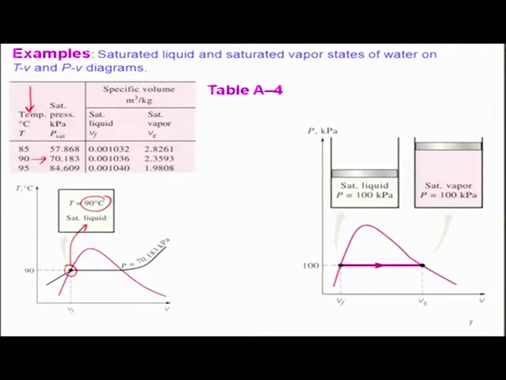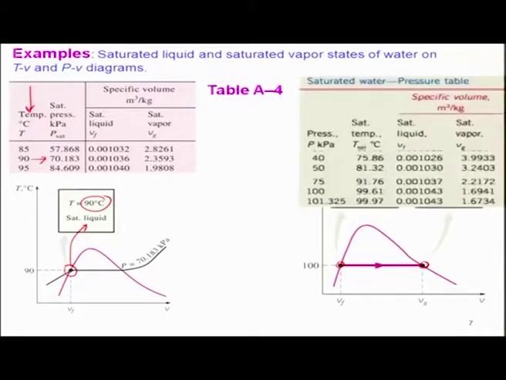As I said, for a given pressure-volume table or temperature-volume table, these 2 points at the end, one corresponds to saturated liquid, one corresponds to saturated vapor. For the case of, let us say, 100 kilopascal, you have a saturated liquid here and saturated vapor. Of course, the vapor will have a different volume, substantially larger than the one contained by saturated liquid. So for the case of 100 kilopascal, you will be looking at a pressure table.